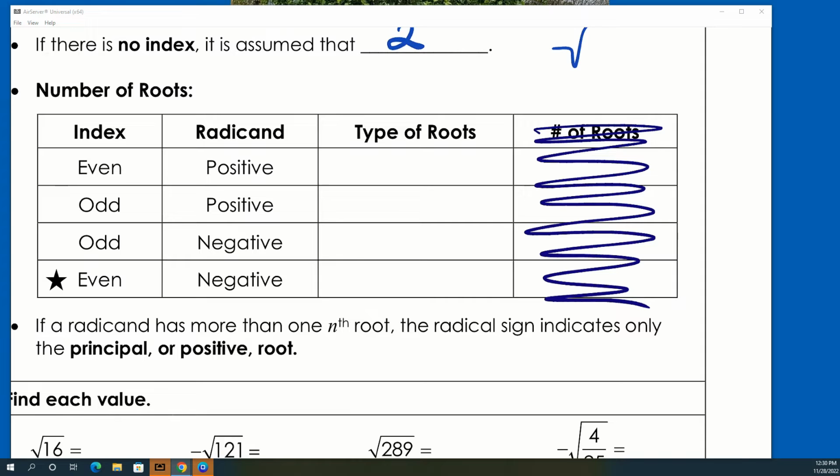All right, so if we take the even root, like the square root or the fourth root of a positive number, that's going to give us a positive answer. If we take an odd root, like the cube root of a positive number, that's going to give us a positive answer.